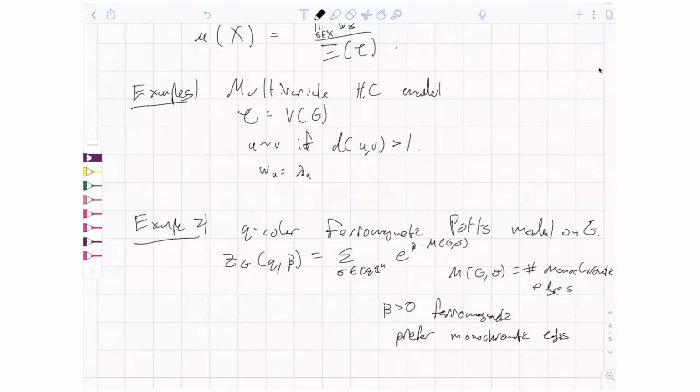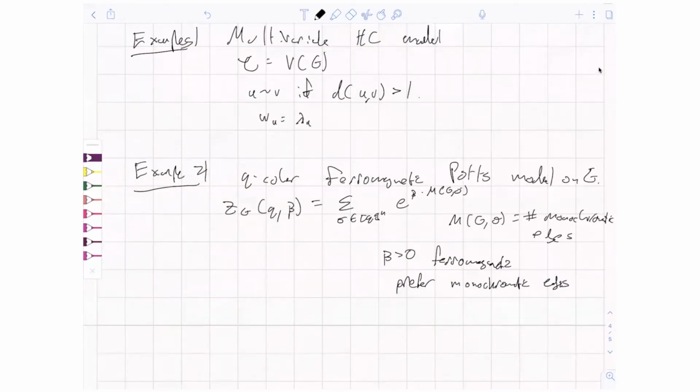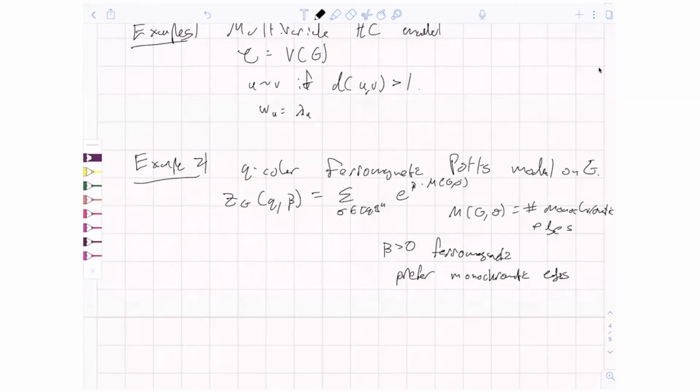So what's the nice thing about the ferromagnetic model? There are Q ground states, and these are the completely monochromatic configurations. Color red, all the vertices red, you'll of course maximize the probability in this model.